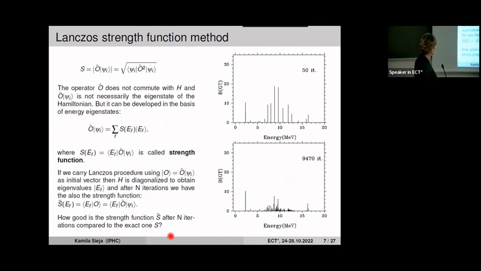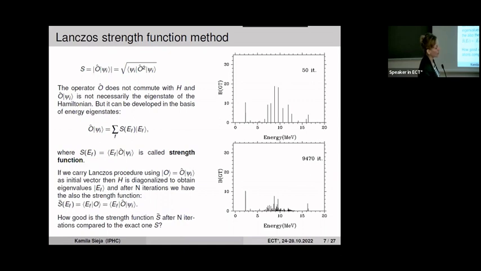So you can cover the whole energy range using this procedure. If you calculate just one iteration, you will have one state here in the middle, which will be the sum rule state. Then if you pursue the iterations, you will recover more and more details of these distributions.